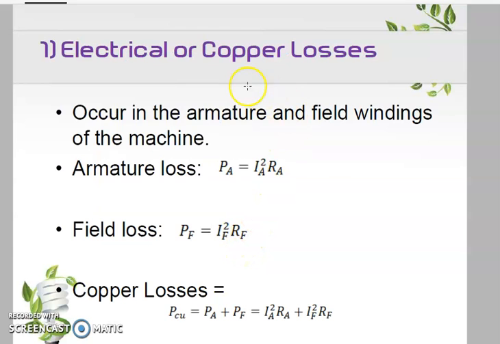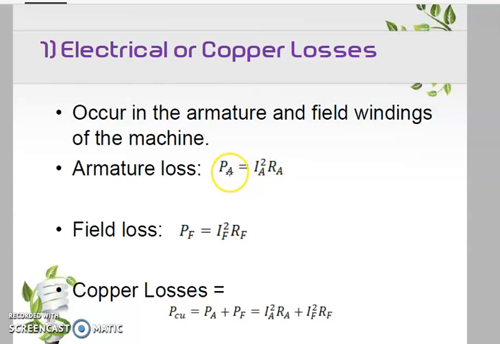Copper loss occurs in the armature and also the field winding of the machine, in the stator and also in the rotor. Armature loss is calculated from the armature current at that time squared times the armature resistance. This will change accordingly, while this one will be fixed.